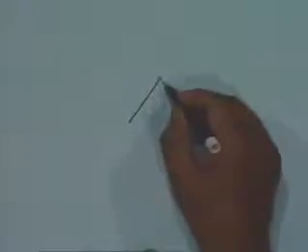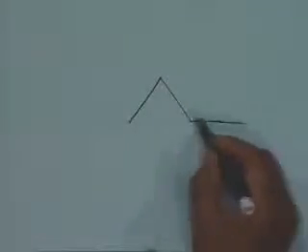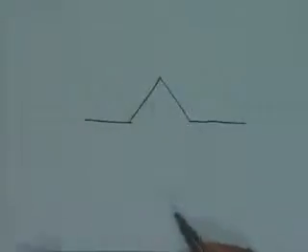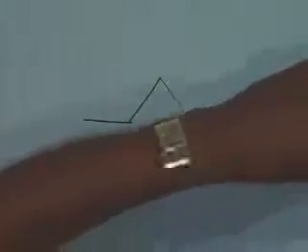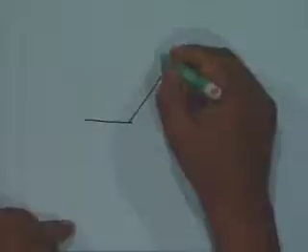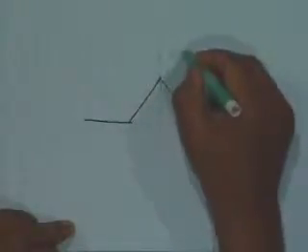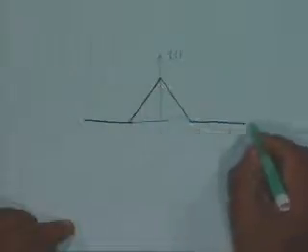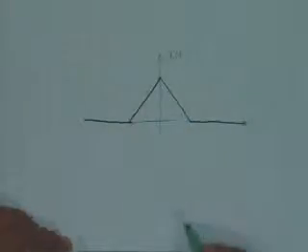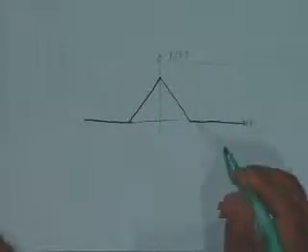Let's consider a signal like this. And let's say this is x of t versus t. Naturally, this is a continuous time signal.